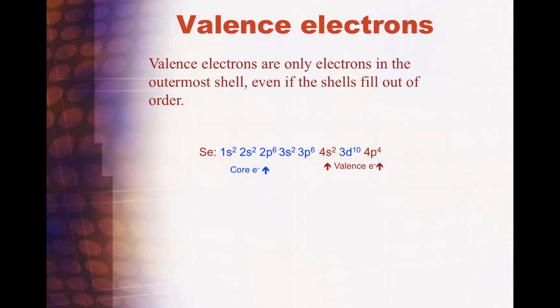Now in the fourth shell, the 4s2 fills before 3d10, but if we look at selenium here, the valence electrons are in shell 4, so you look at the number, and it's the highest number shell that contains the valence electrons.